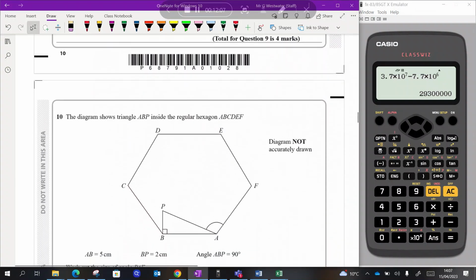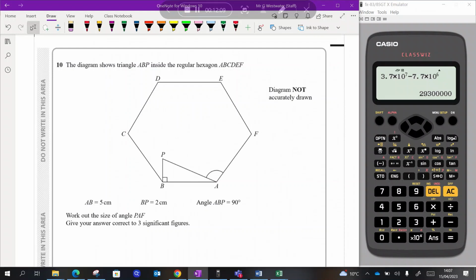On to question 10. So we have a regular hexagon, A, B, C, D, E, F, and we were told AB is 5, BP is 2, and we're being asked to work out the size of angle PAF, this angle here.